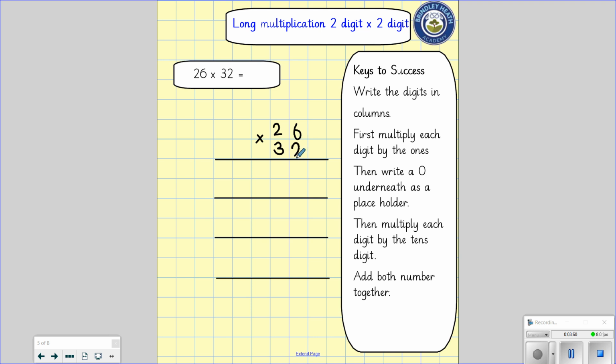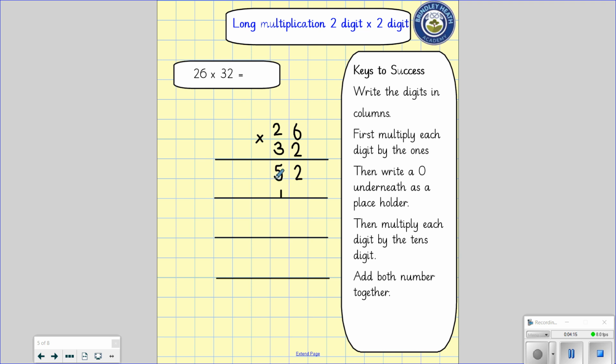So I've written both of my numbers into columns, and I'm going to multiply the ones first. So I'm going to start multiplying each of these digits by the 2 because that's my ones number. 2 times 6 is 12. 2 times 2 is 4, and then the extra 1 gives me 5.